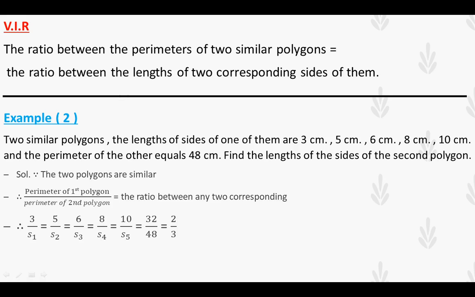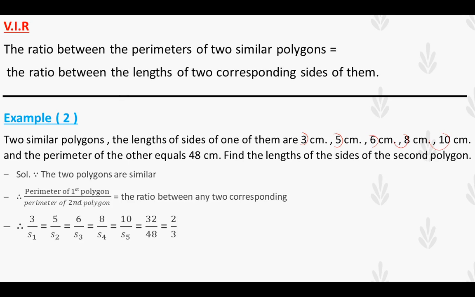The perimeter of polygon 1 equals 3 plus 5 plus 6 plus 8 plus 10. So the perimeter of any polygon is the sum of its side lengths. Okay?